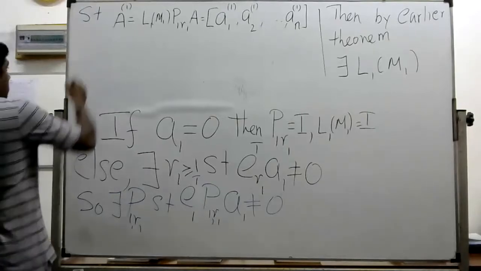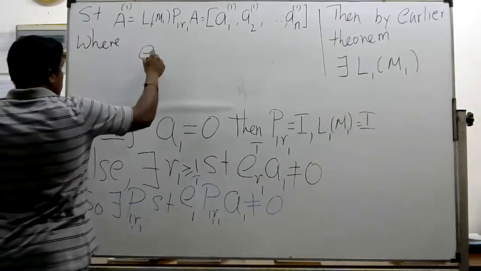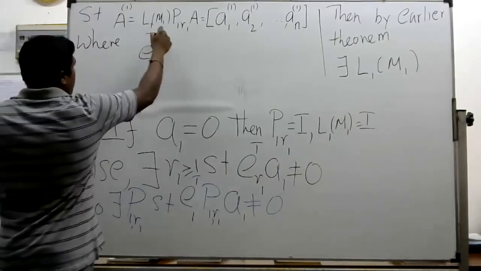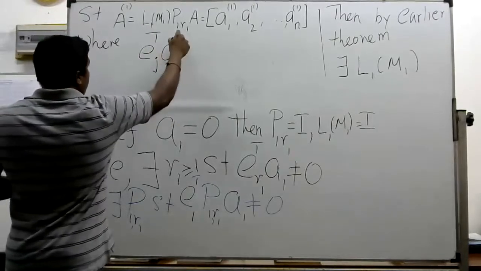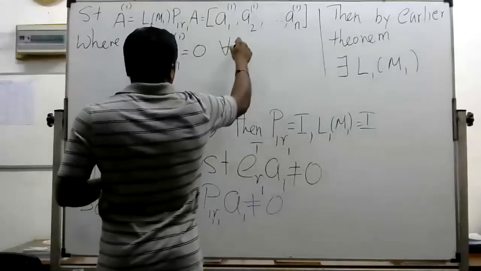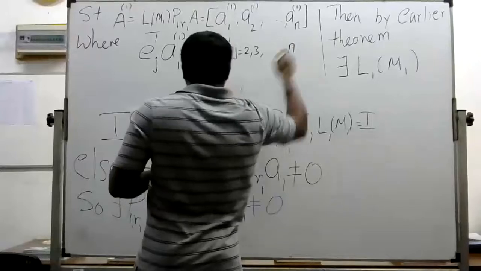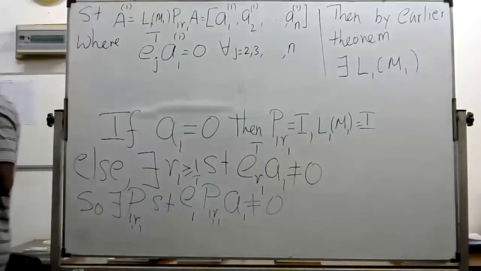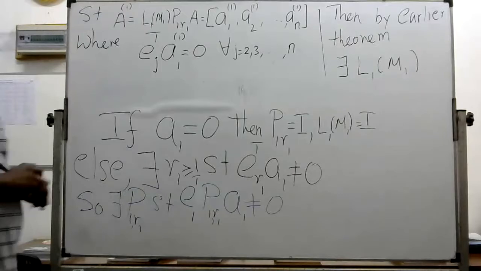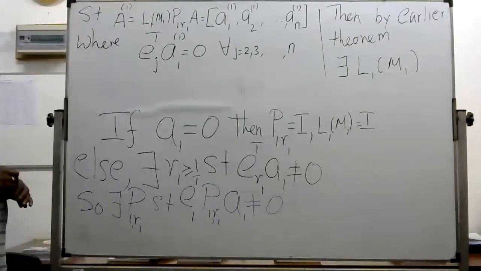But after this multiplication, we know in the first column every component below the diagonal is 0.